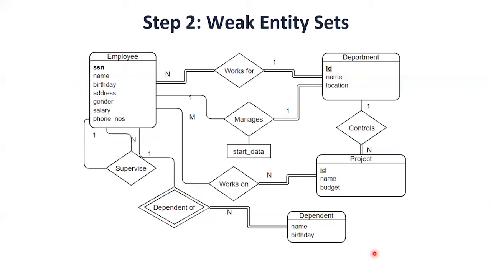So now what we have to do according to step 2 is create a relation dependent, include all the simple attributes, and also take whatever the primary key from this employee relation and include that as a foreign key in the dependent relation.